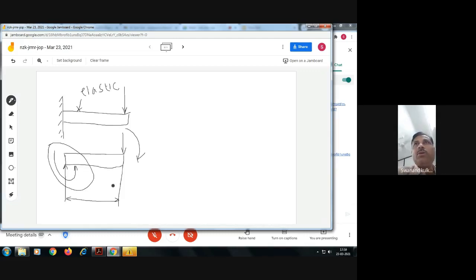So we will consider that the couple is balanced. With this vertical arrow we are balancing the force, and with this couple we are balancing the couple generated due to this force. The moment generated by this force will be balanced with this arrow.